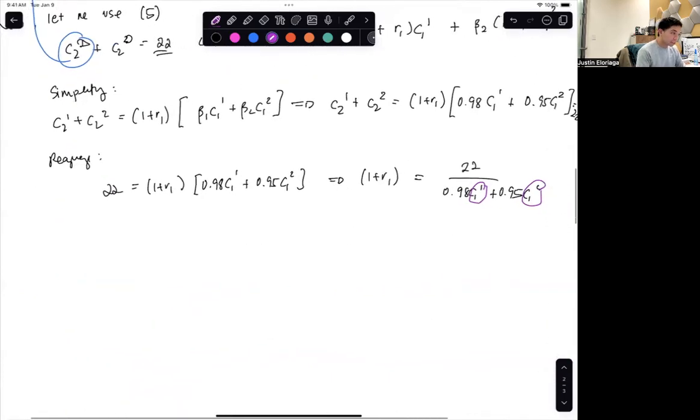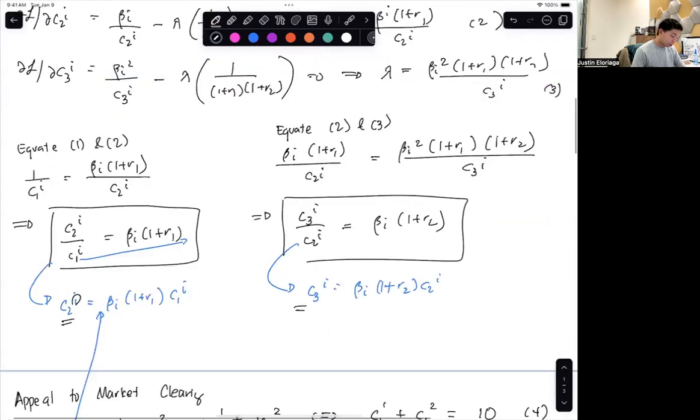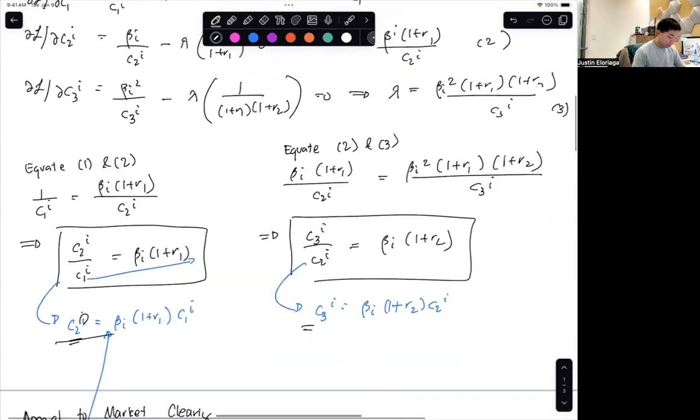And what we'll find is that, well, let's solve for C1i. Why are we doing C1i? Because we have here C2i and C3i, therefore we can get out C1i.